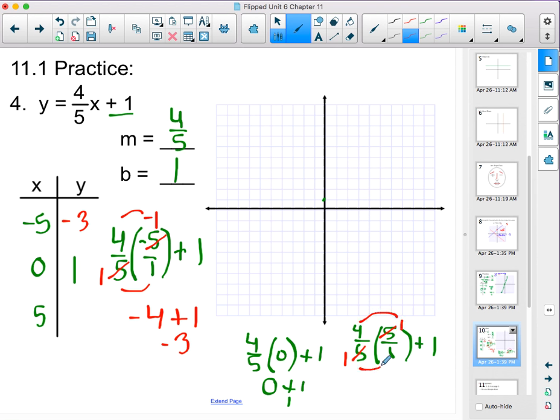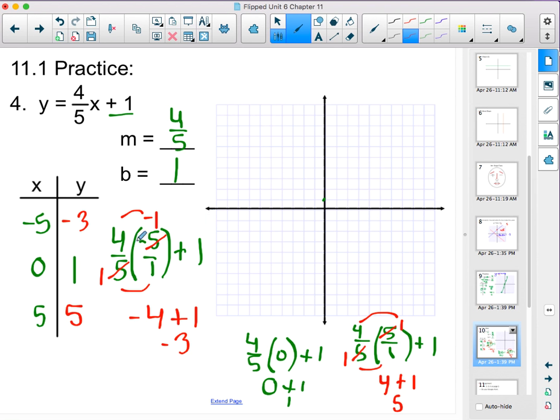And now I'm going to multiply straight across. 4 times 1 is 4. 1 times 1 is 1. I don't have to write a denominator of 1, but I do have to bring down my +1 here. And 4 plus 1 is +5. So when x is +5, y is also +5.